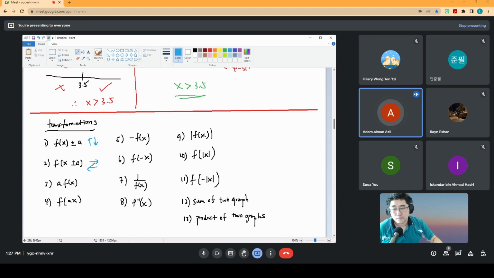Is number three compress and stretch the graph? Which direction? Up and down, vertically. Then number four is compress and stretch sideways, horizontally.